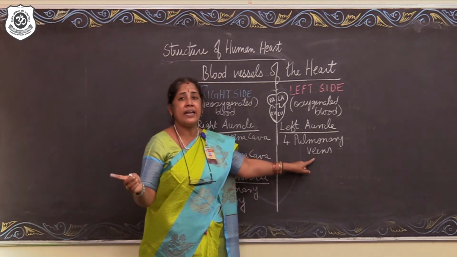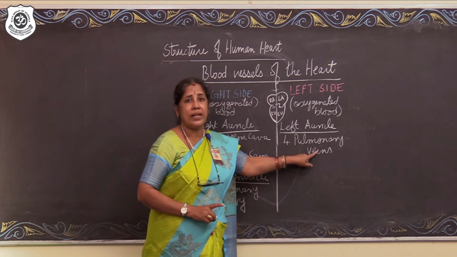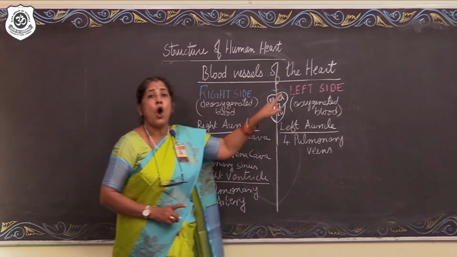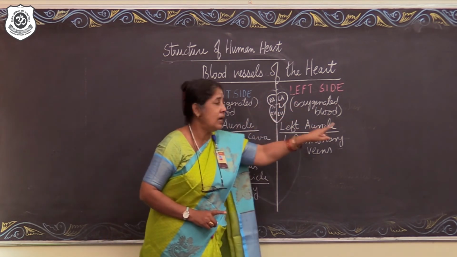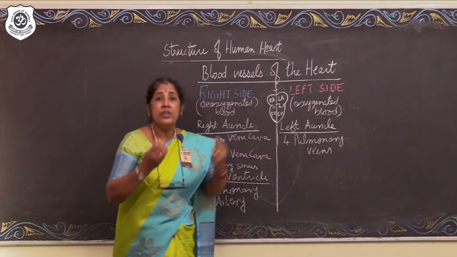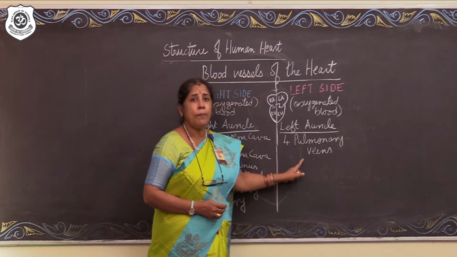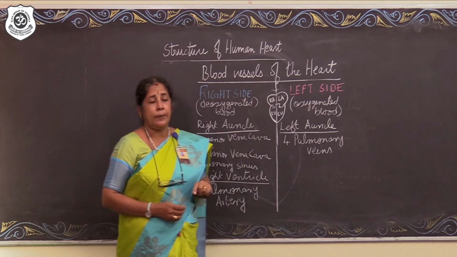All the veins carry deoxygenated blood with the exception of the pulmonary veins. Why? The pulmonary veins are bringing the oxygenated blood, or blood rich in oxygen, from the lungs into the left auricle. So the left auricle receives oxygenated blood brought by 4 pulmonary veins from the lungs.